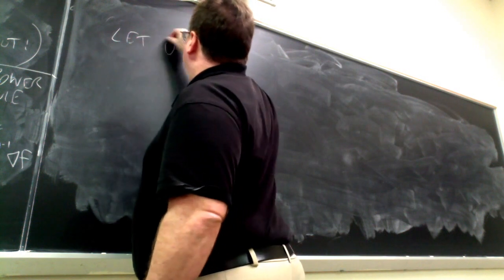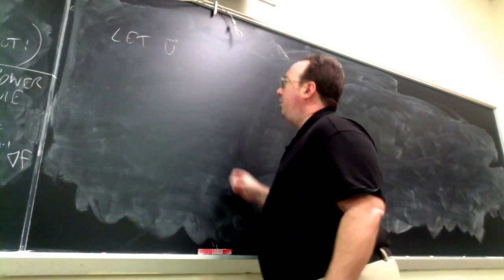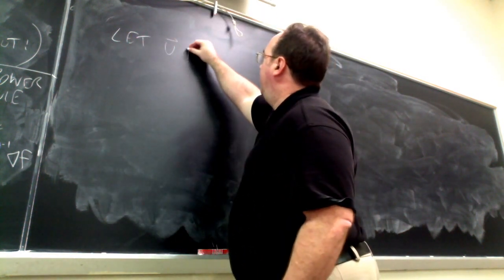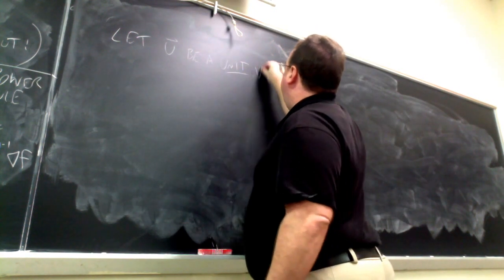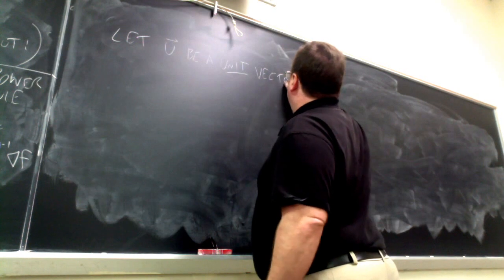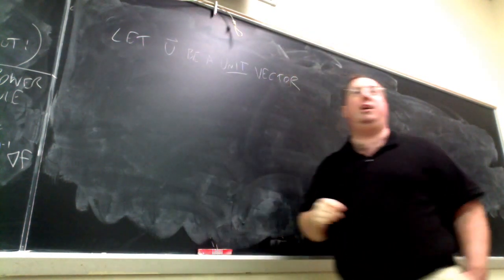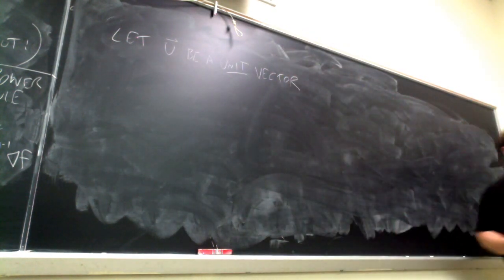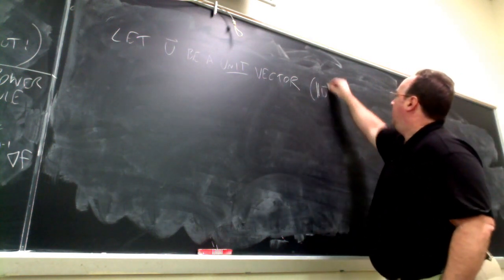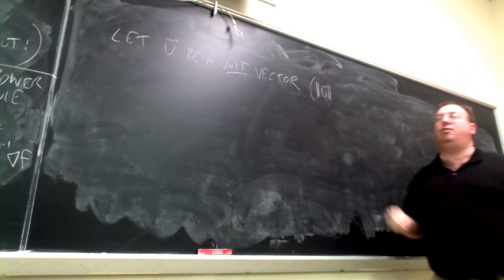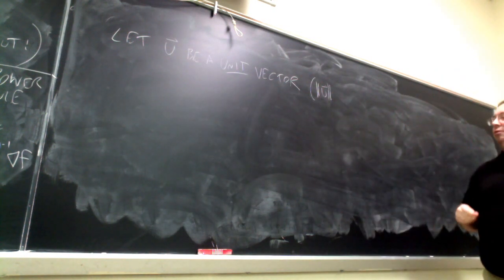So first of all, I have to prescribe that u is a unit vector. So from Calculus 3, what do I mean by a unit vector? Yes, magnitude of 1. I'm using the double bars here to refer to magnitude of a vector.